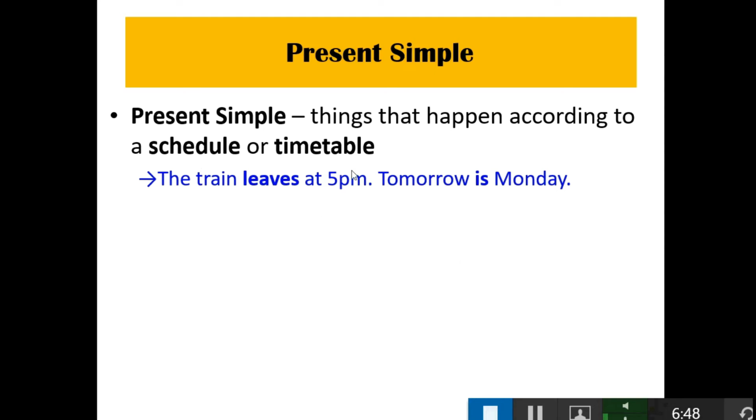So if we have things that happen according to a schedule or timetable, we use the present simple to refer to the future. With singular nouns, the verb must have s at the end. With I, we, they, and plural nouns, the verb has no additions.